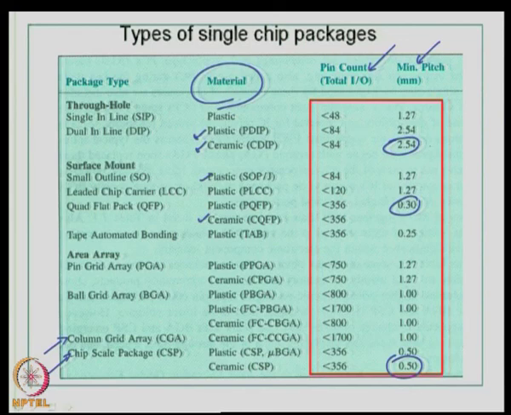So, you can see the range in minimum pitch as you go through this table, and also you can see the high pin count. Typically, you can look at even less than 48. Many of you would have seen 14 pin dip, or today you can see FPGA components coming in BGA format, which has got over 1700 solder balls, which represent the total IOs that need to be connected onto a printed wiring board.